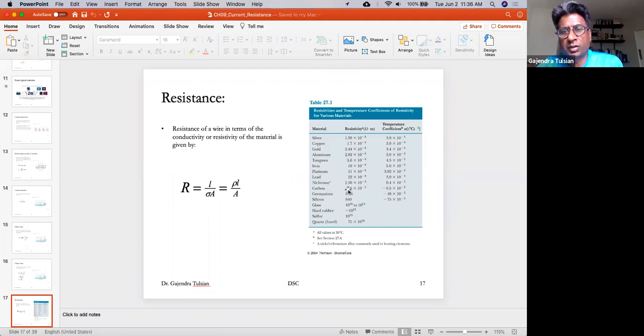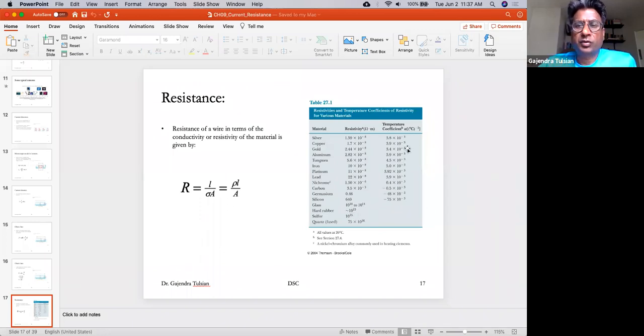So graphite would be 1,000 times less conducting than copper. You can see that rubber has a resistivity of 10 to the 13. So if you connect a battery to a rubber wire and a copper wire, the current in the copper wire would be 10 to the power of 21 times greater than in the rubber wire. So that's what those numbers mean.